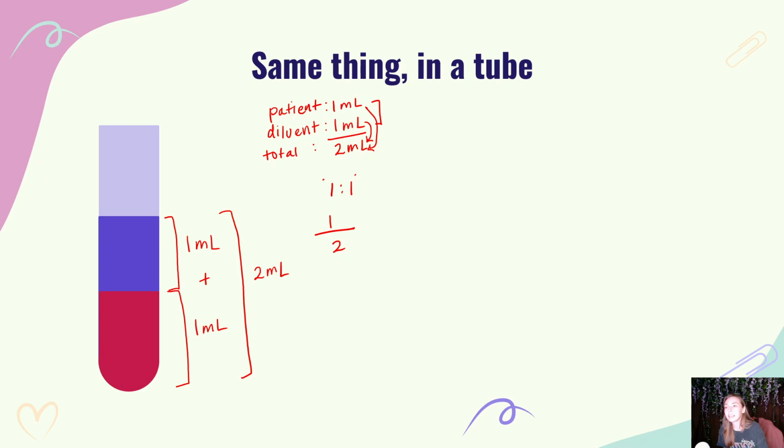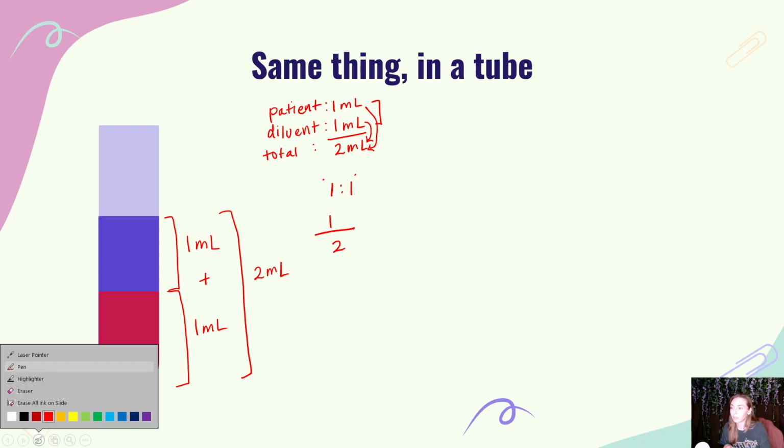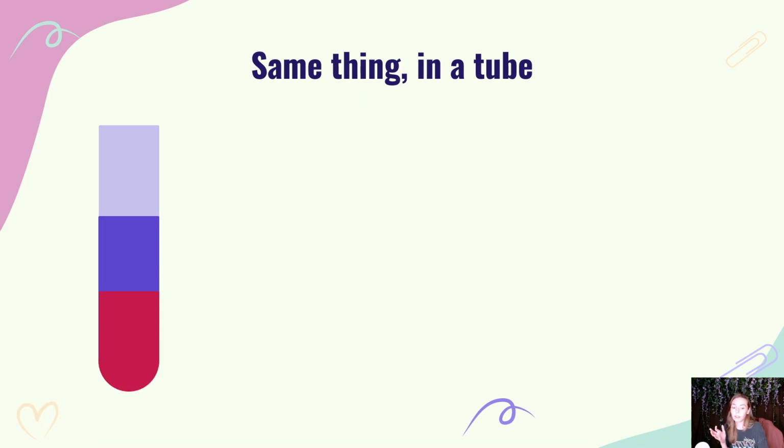So I can see that this is a 1-to-2 dilution, and it is a 1-to-1 ratio. I have a 1-to-1 ratio of patient to diluent. I have a 1-in-2 dilution of patient to total volume. Does that make sense? Okay, let's change the numbers up a little bit. So let's say that I have my patient volume.